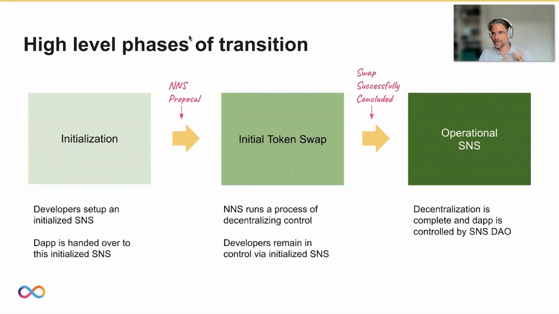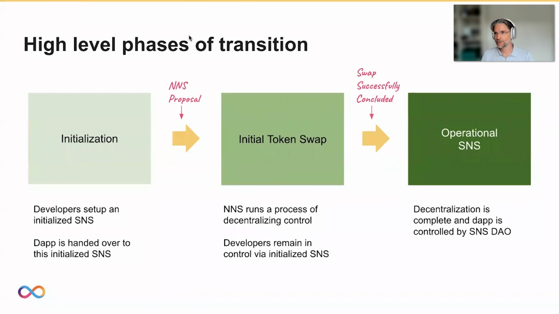There are two crucial points in this flow. How do you transition from initialization into the swap period, and how do you transition from the swap period into an operational SNS? The first transition will be controlled by an NNS proposal.